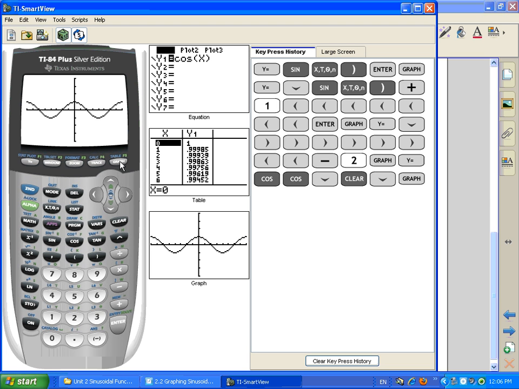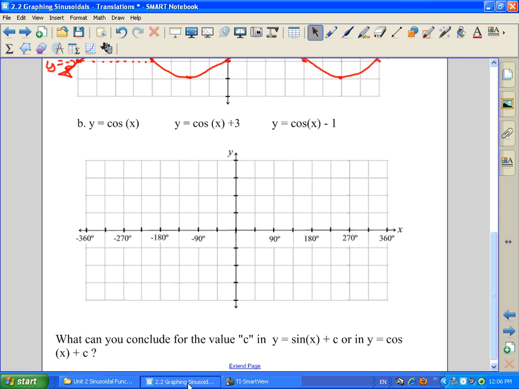Okay, the curve looks similar, however, it has a different starting point. So what we have to remember about cos x is when we start to graph, ladies and gentlemen, if I take my parent function here, we start at its maximum. So it goes maximum, axis, minimum, axis, maximum.